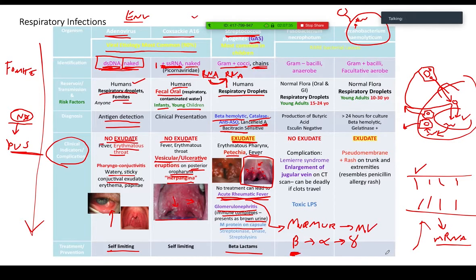Okay, and so for whatever reason, this acute rheumatic fever tends to involve the mitral valve more than any other valve. Aortic valve would be number 2 if we wanted to give a number 2. Okay, and this is going to be a systolic murmur. It's going to be a regurgitation type murmur. When we have our acute rheumatic fever, what's happening is our own immune system is attacking the valve.